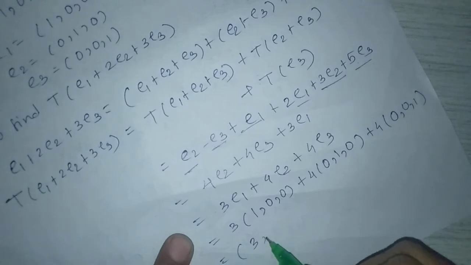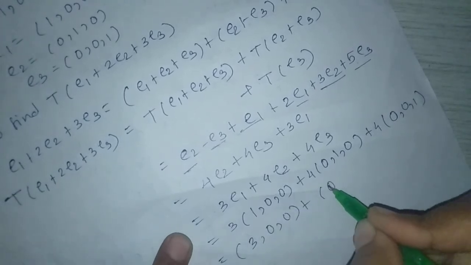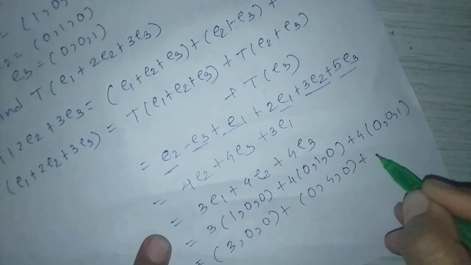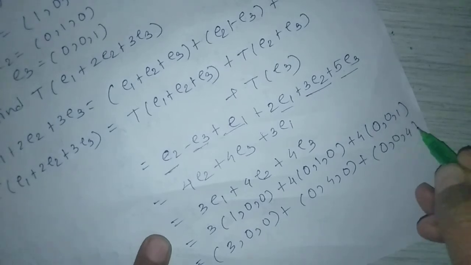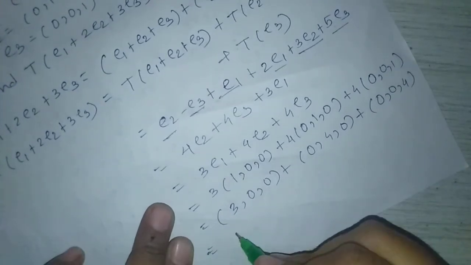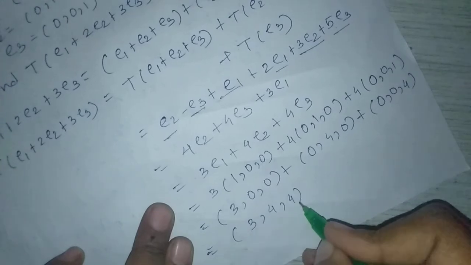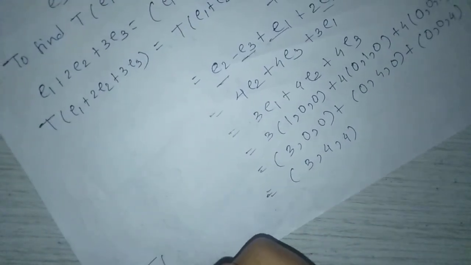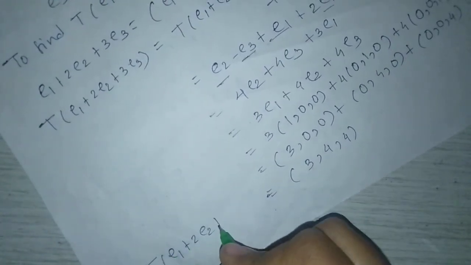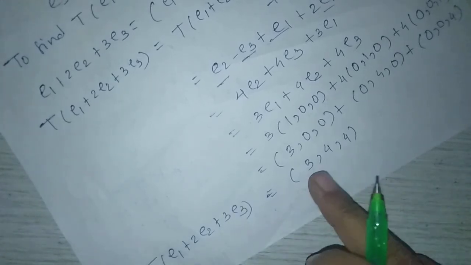We get (3, 0, 0) + (0, 4, 0) + (0, 0, 4). Now add this, we get (3, 4, 4). So the value of T of (e1 + 2e2 + 3e3) is (3, 4, 4).